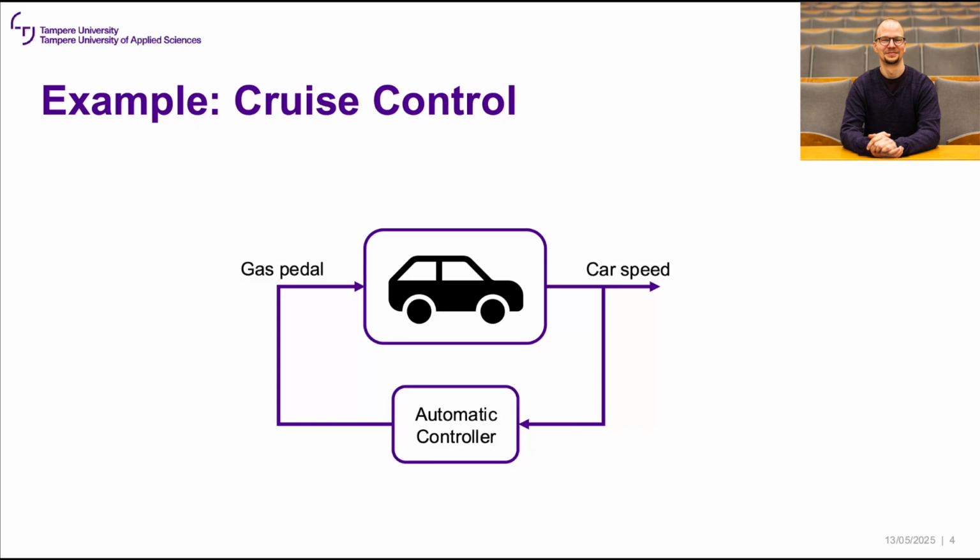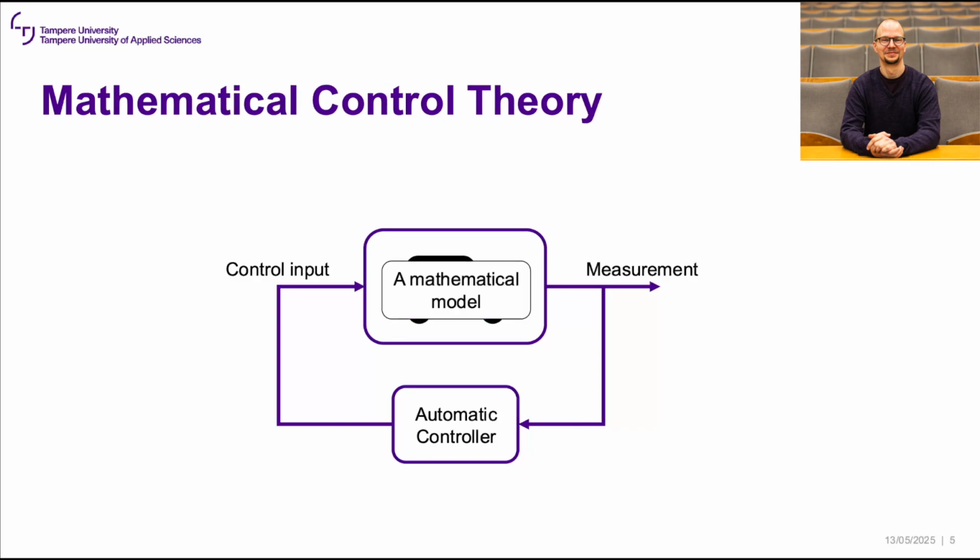And in my work, instead of controlling a car, we're interested in controlling a mathematical model. Again, this model has some dynamical properties, and we can measure some quantities out of this system. And in addition, again, we have some dedicated ways of influencing the behavior of this model.